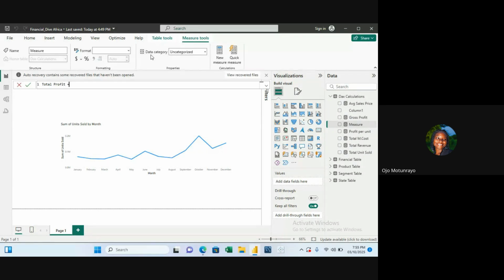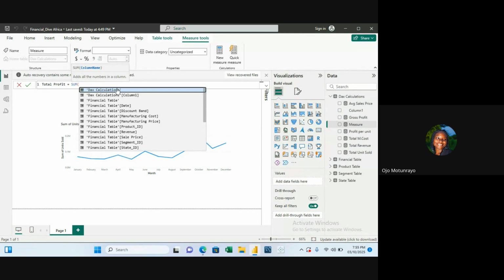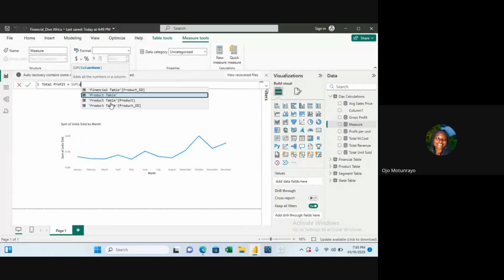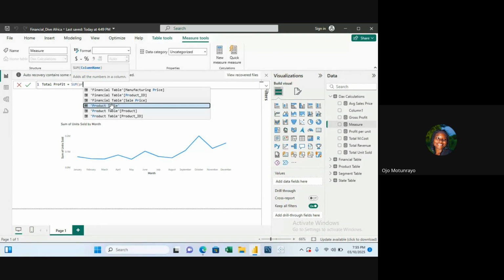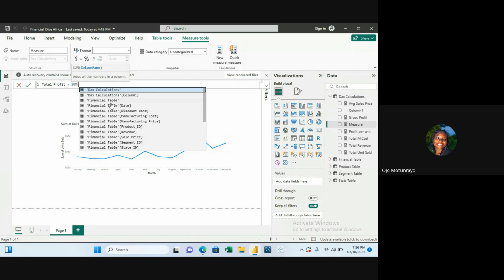So how do we calculate total profit? It is gross profit minus all other expenses.